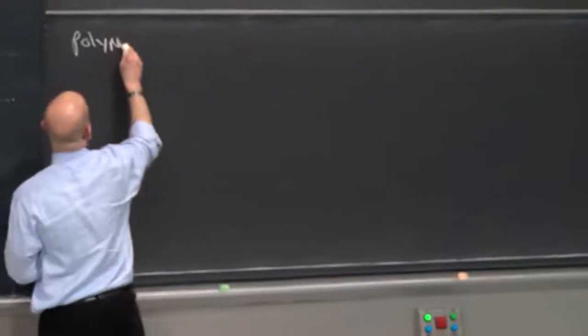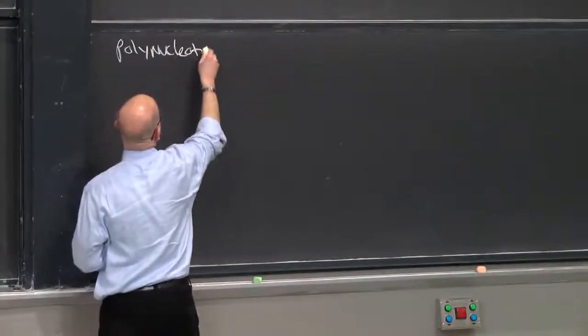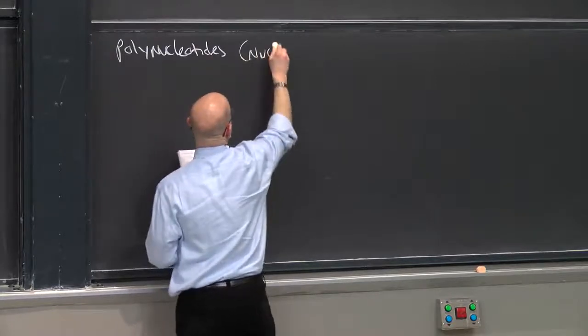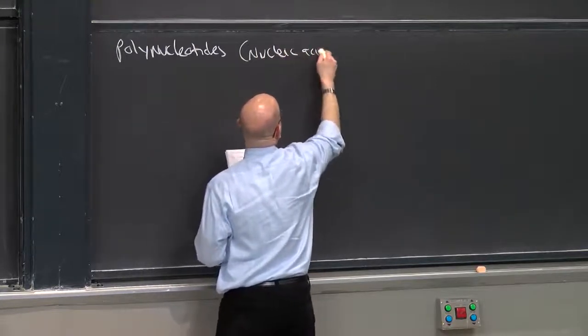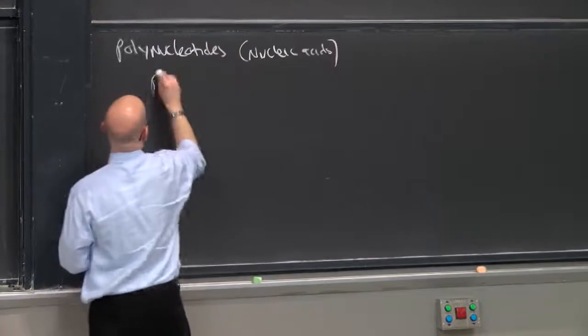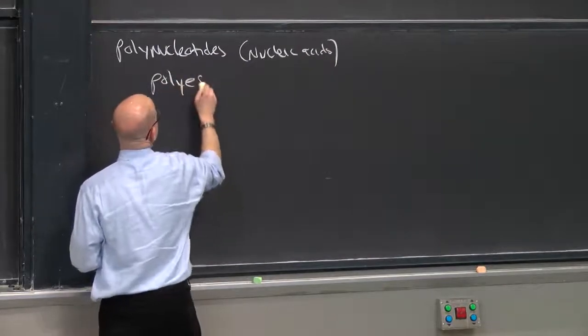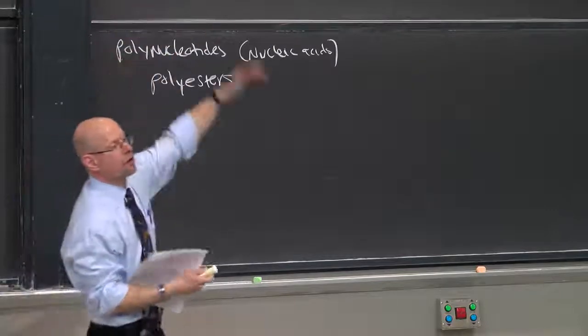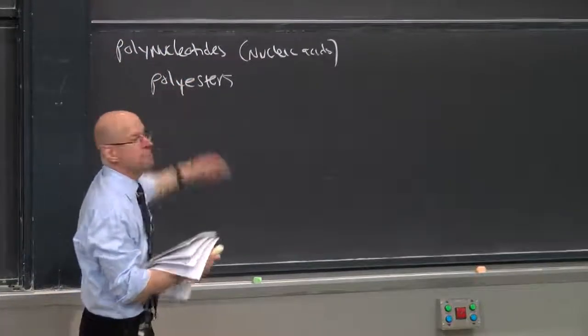The third class of molecules are polynucleotides, which of course, nucleic acids, as you know, which are really nothing other than polyesters. So we've seen alkanes, we've seen polyalcohols, and now I'm telling you that the next group is polyesters.